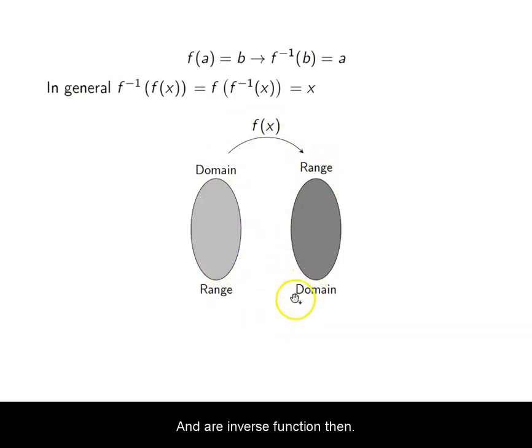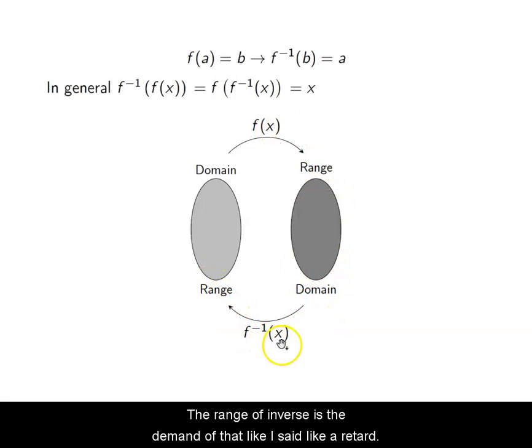Our inverse function then treats the range of our function as the domain, and the domain of our function as the range. So f inverse takes us from the range of f back to the domain of f. The domain for f inverse is the range of f, and the range of f inverse is the domain of f. Like I said, like a return flight.